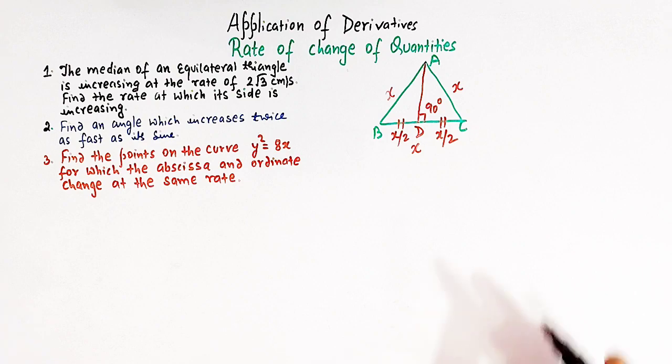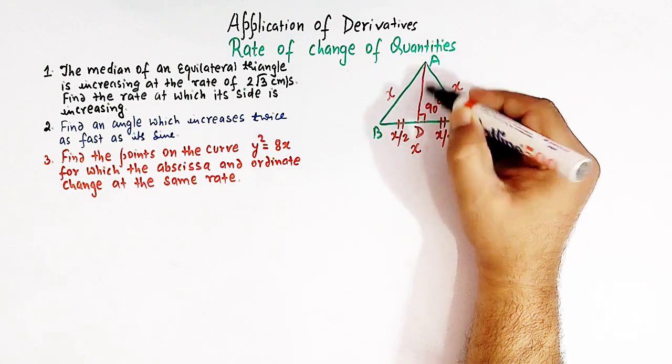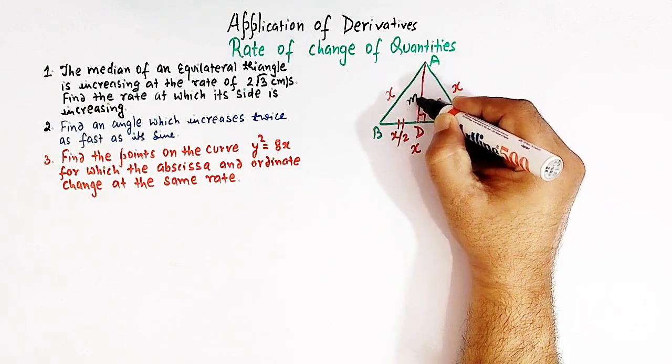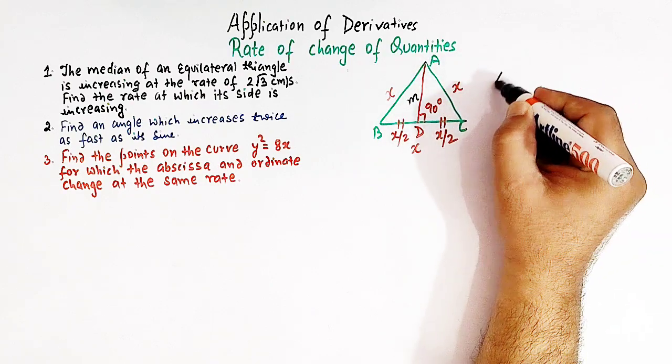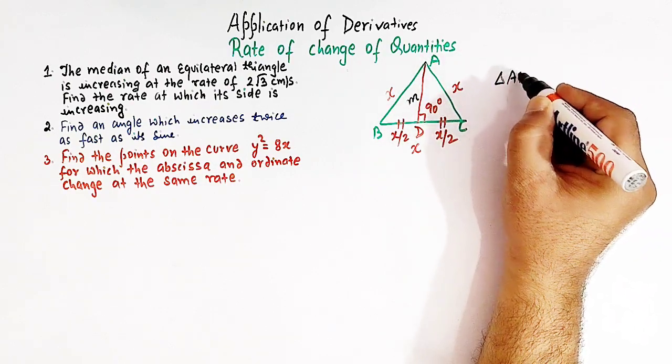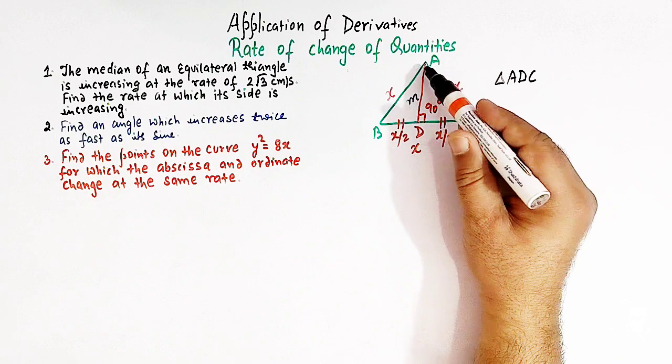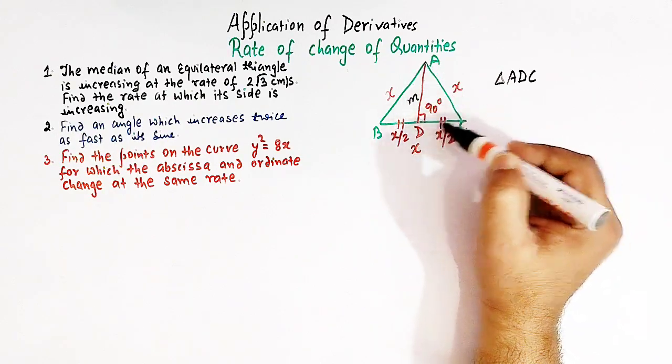So now let us take the length of the median AD as m, right? And now we can apply the Pythagoras theorem for triangle ADC, right?